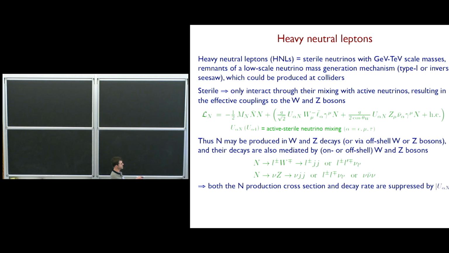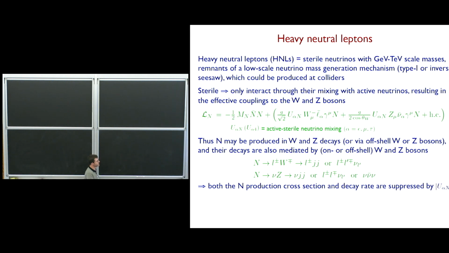So this is the Lagrangian that we're going to focus on. I consider a single heavy neutral lepton. U alpha N is just an entry of the PMNS matrix. Previously we were calling it U alpha 4. It's the active-sterile neutrino mixing. There are actually 3 entries here because alpha is e, mu, or tau.